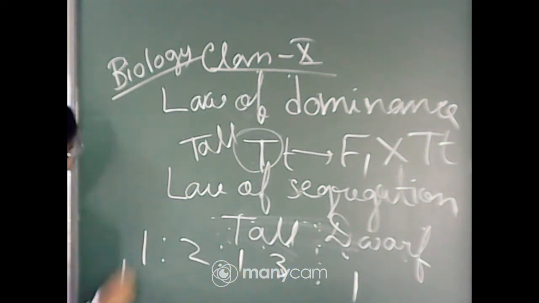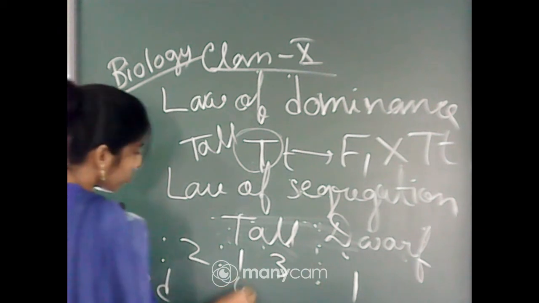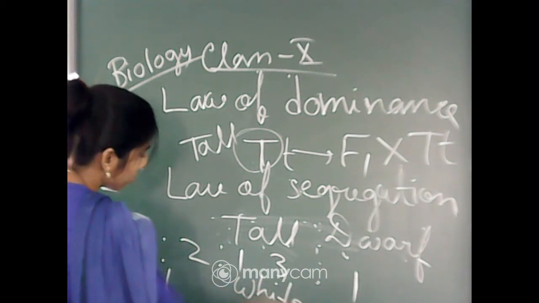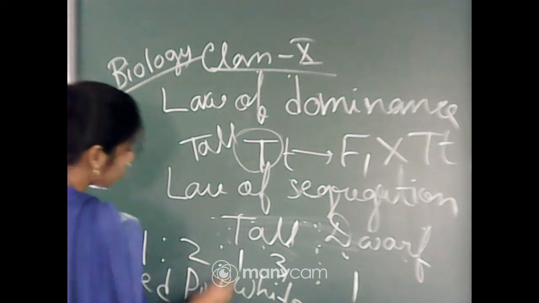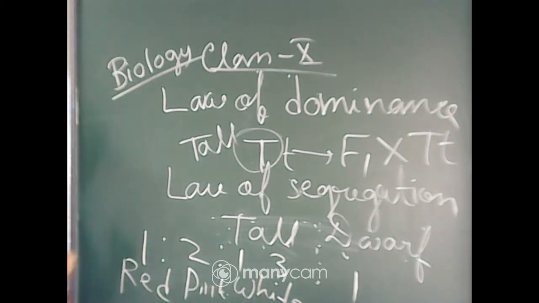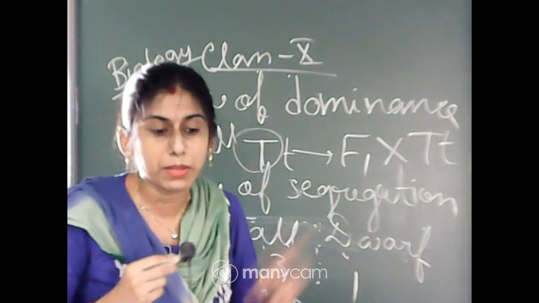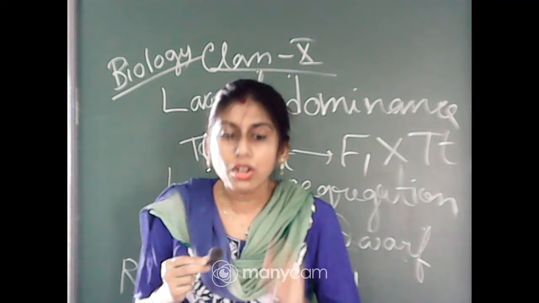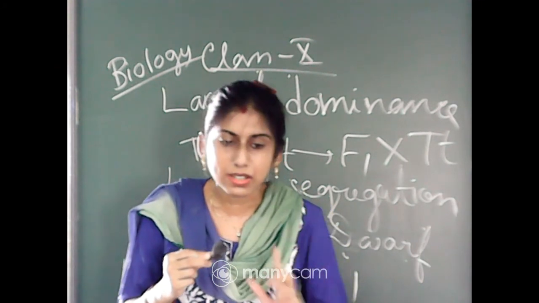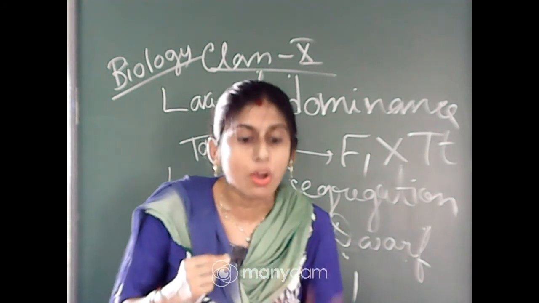One is pure red, the last is pure white, and the middle two are pink. That is the hybrid condition, a mixture of red and white. This deviation of Mendel's law is called incomplete dominance.